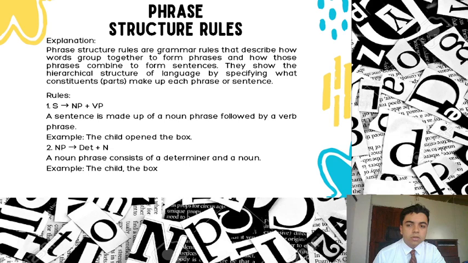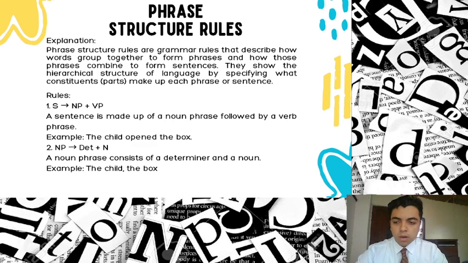Phrase structure rules. Explanation. Phrase structure rules are grammar rules that describe how words group together to form phrases and how those phrases combine to form sentences. They show the hierarchical structure of language by specifying what constituent parts make up each phrase or sentence.